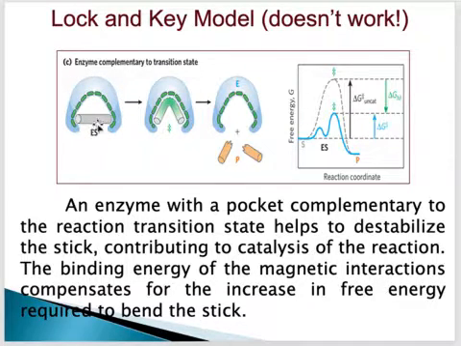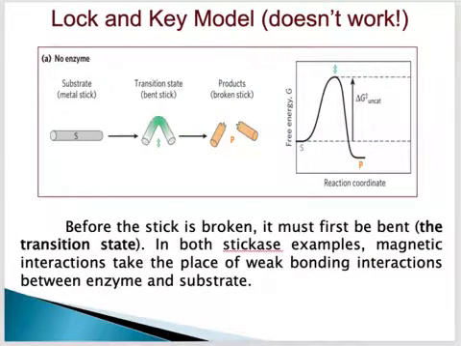Rather, when this stick is bent like this, it will be a perfect fit. Now, bending it itself will require some energy, right? If the reaction occurs in the absence of the enzyme, it still needs to be bent, and in that case we have to provide the energy which will bend it.